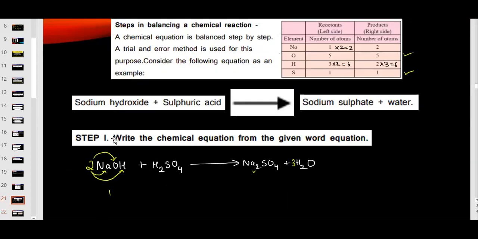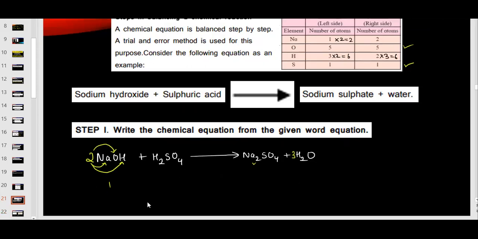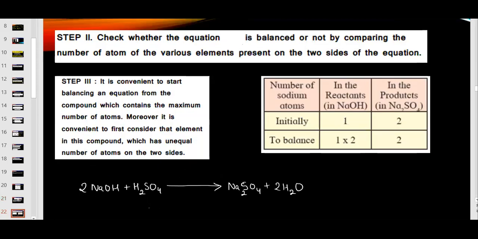In the earlier slide I showed you why I put 2 here and sodium is 2 here. So we are doing that stepwise now. The same reaction I have taken here, and initially the NaOH reactant is 2, and in the product Na2SO4 there is already 2 sodium there.